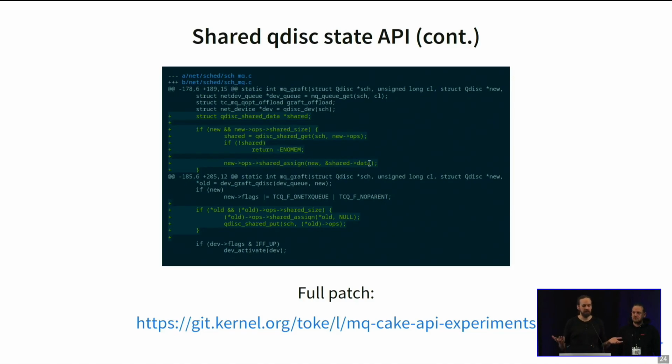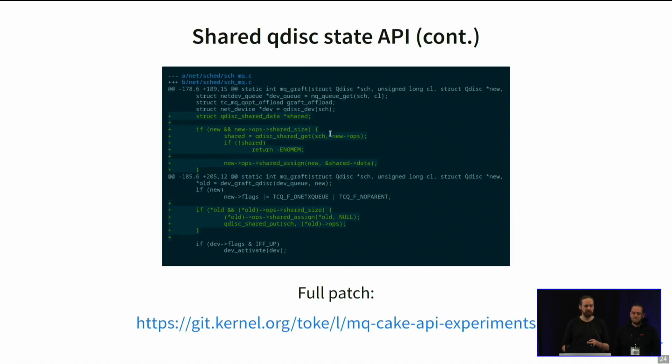And then it's up to the child QDisk to figure out what it does with it. So in this case, for shared cake, the shared struct just contains a list head where it will do this linking of siblings that it can walk, as Jonas just explained.